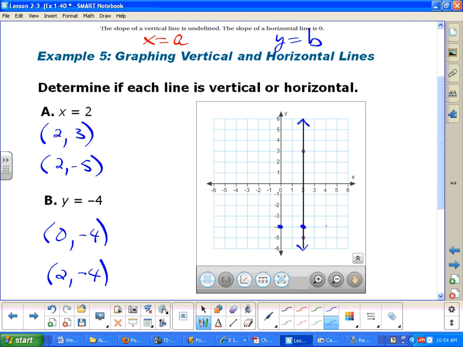I could do as many as I wanted at negative 4 and draw my line. So horizontal lines are y equals. Vertical lines are x equals.